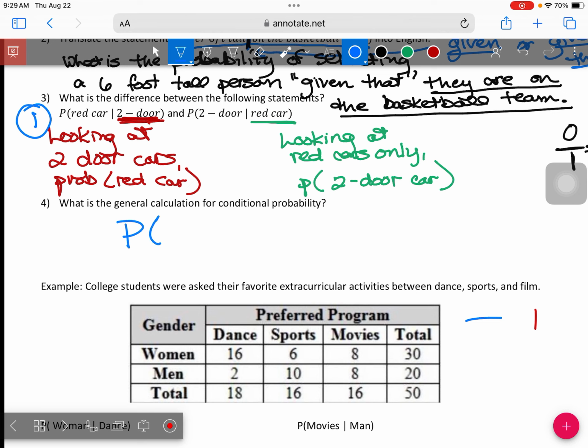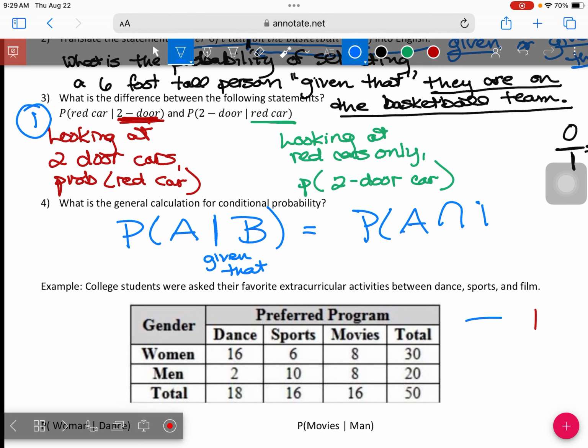The probability of an event A, given that B happens, is equal to the probability of A and B happening over B. So notice whatever is behind this vertical line, I say you turn it into your horizontal line, and this becomes your new denominator.